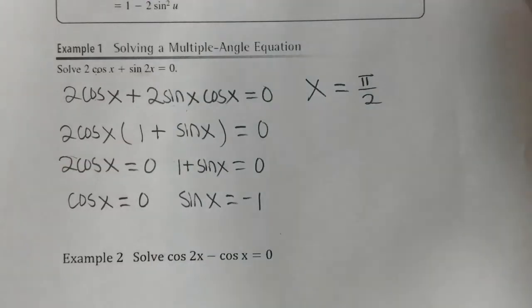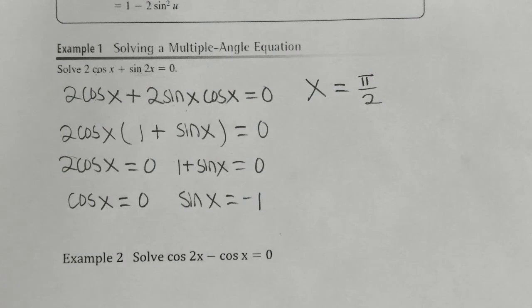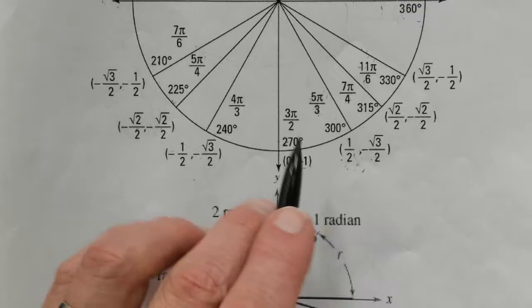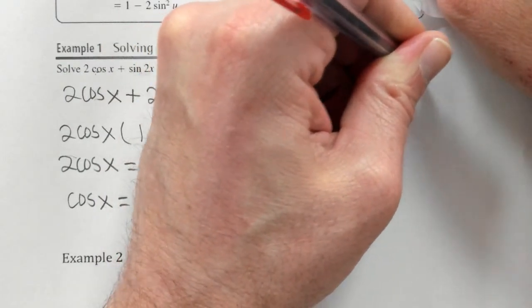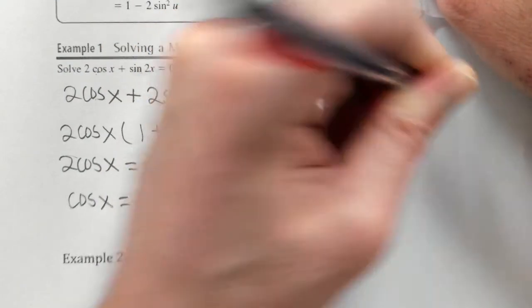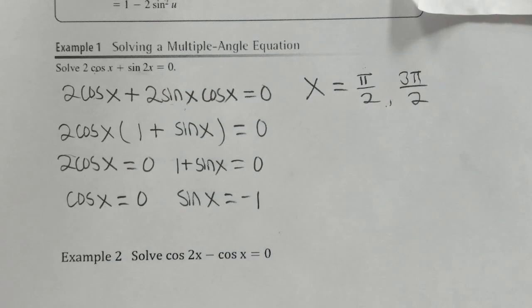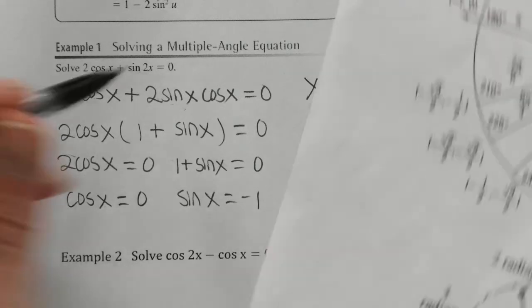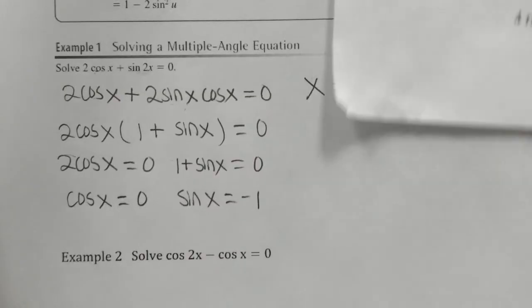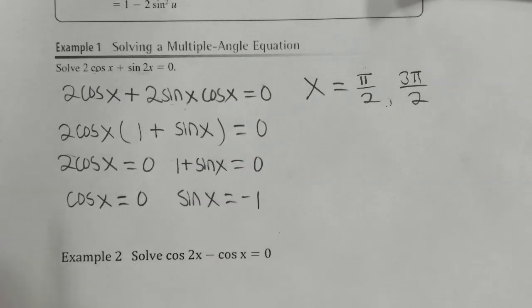And where else are we looking? 3 pi over 2, right? There's another one there, so that'll be at 3 pi over 2. Also remember the period for cosine is all the way around the circle, so that's why we're looking all the way around for our angles. We got 2 of them there.